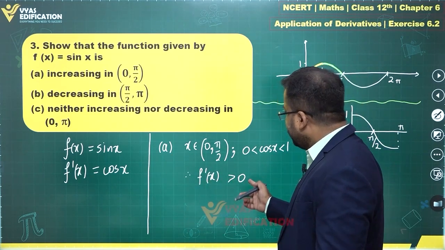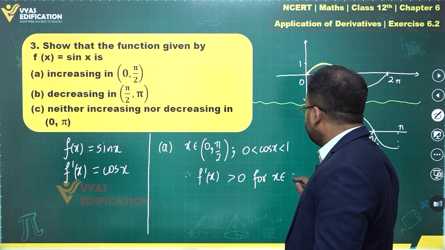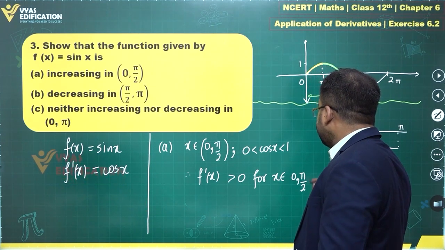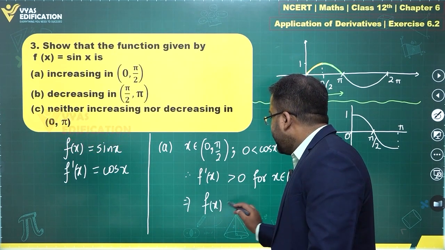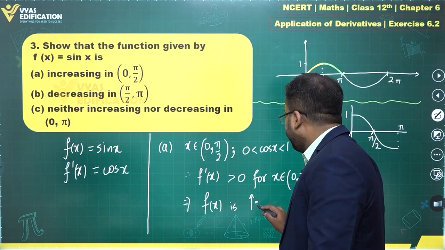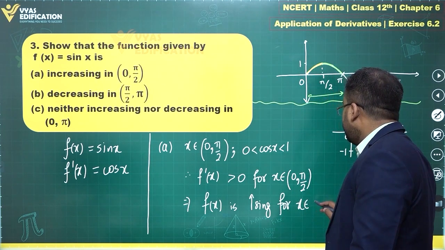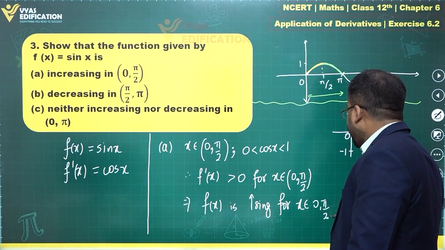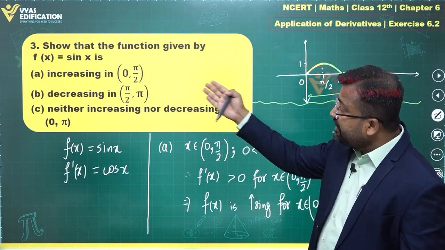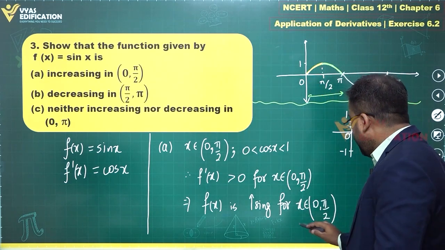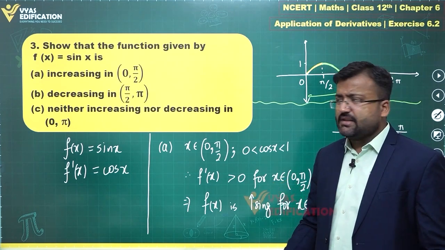Since f'(x) is greater than 0 for x belongs to (0, pi by 2), therefore you can say that f(x) is increasing for x belongs to (0, pi by 2). And this is what we started with wanting to prove, right? We had to show that the function is increasing in this interval, and yes, that's what we have proved over here. Is that okay?